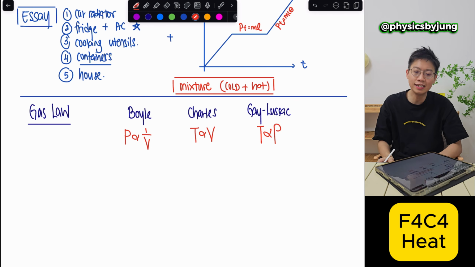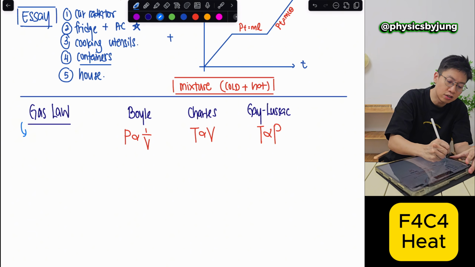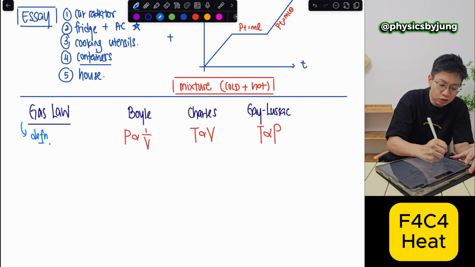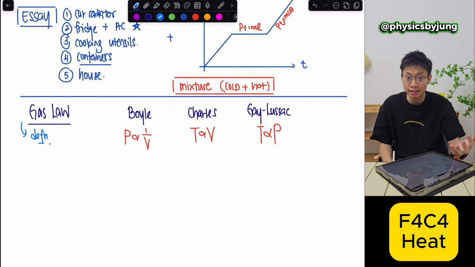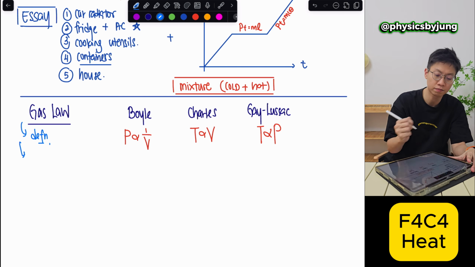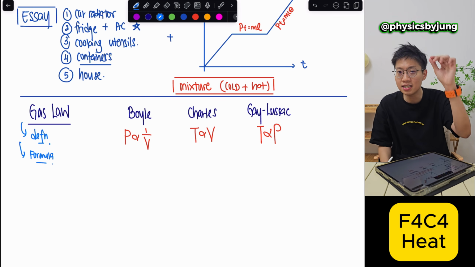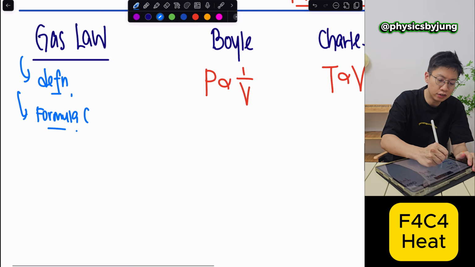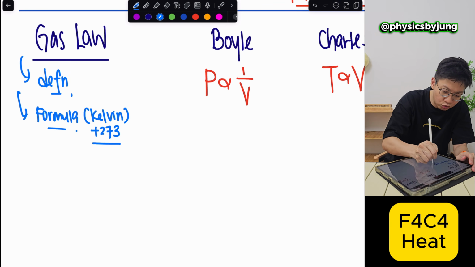So this is the relationship. What else do you need to know? For gas law, first and foremost, you must know the definition. You have to memorize the definition; there's a technique involved. Number two, you need to know the formula. The biggest mistake in the formula is that you need to use Kelvin, so you have to add 273.